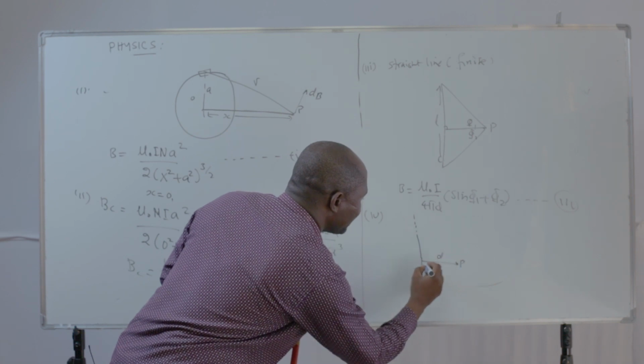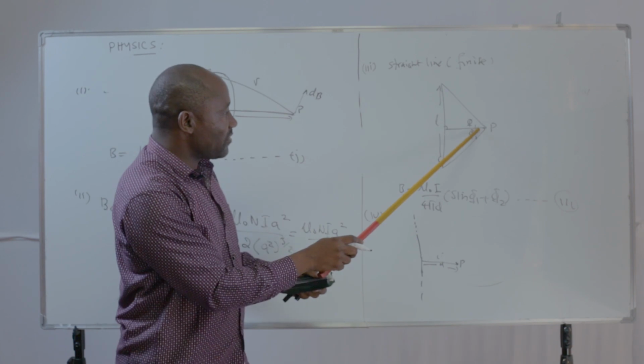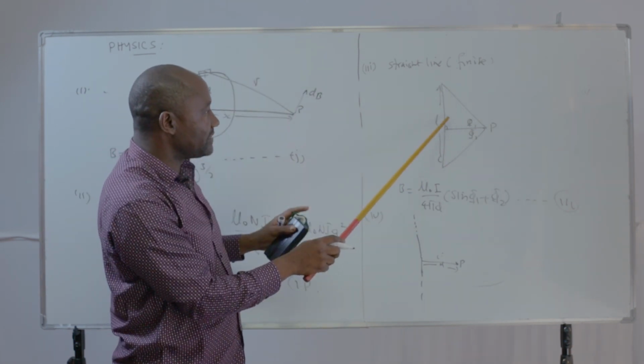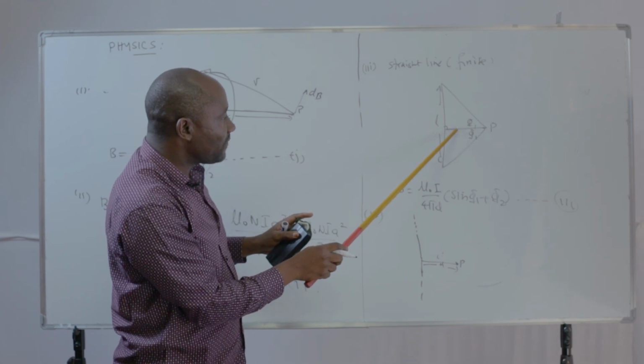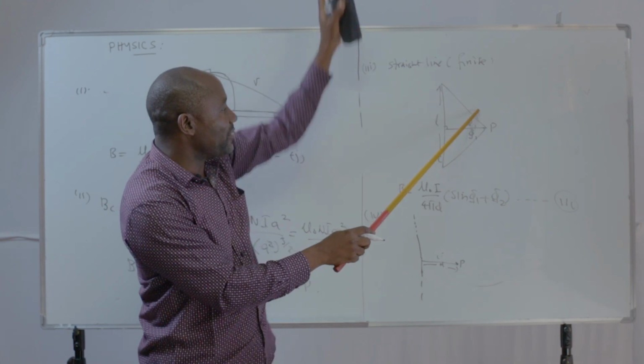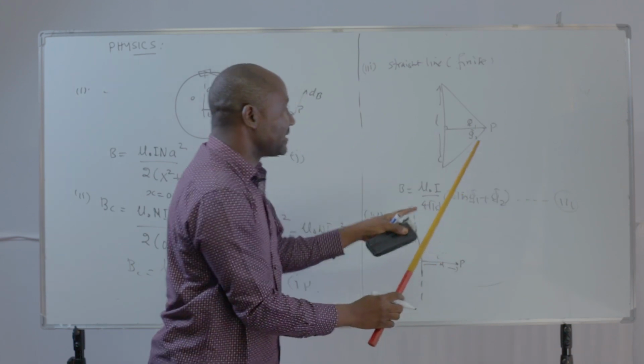P is there, that's our distance D. So now, when this end is not there, the end is at infinity, the line seems to be parallel. So the angle from the perpendicular line to the far point is supposed to be 90, and that will be 90.